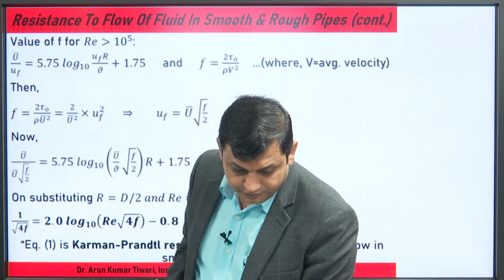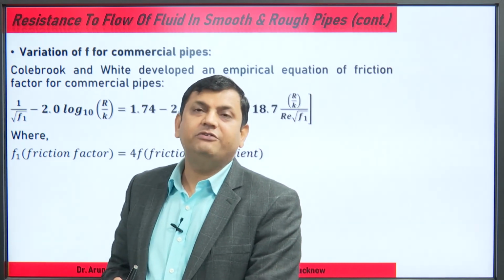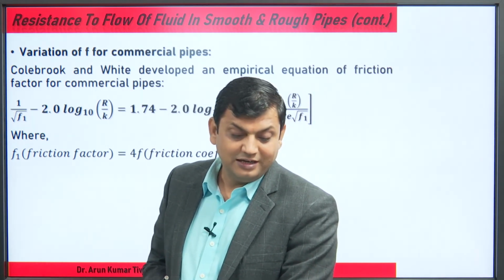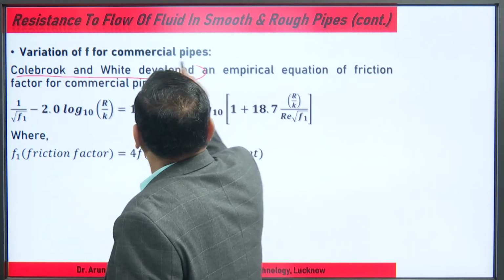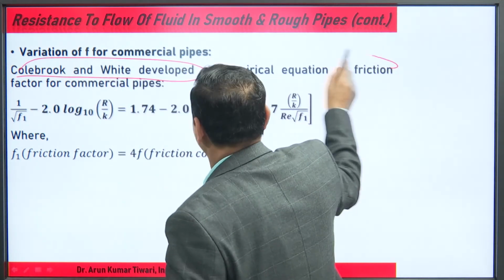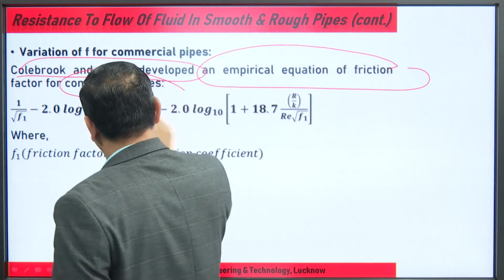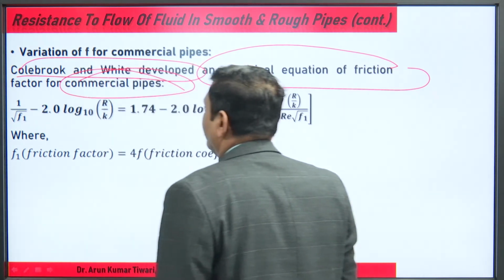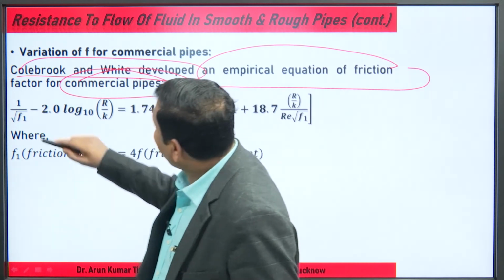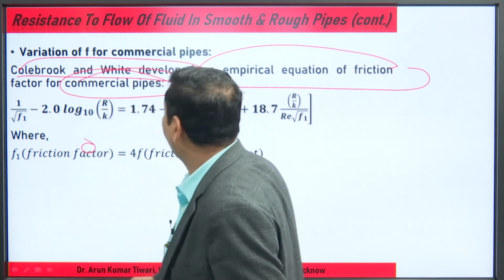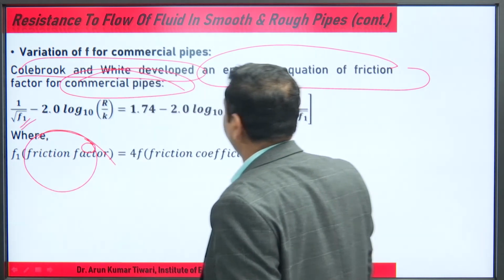There is a similar variation in commercial pipes. Colebrook and White developed an empirical relation for the commercial pipes. But remember, in their development it is the friction factor, not the friction coefficient.